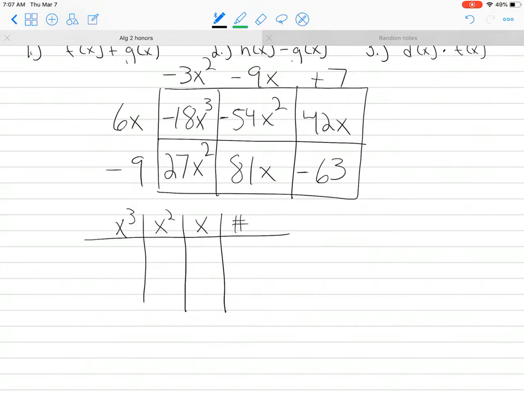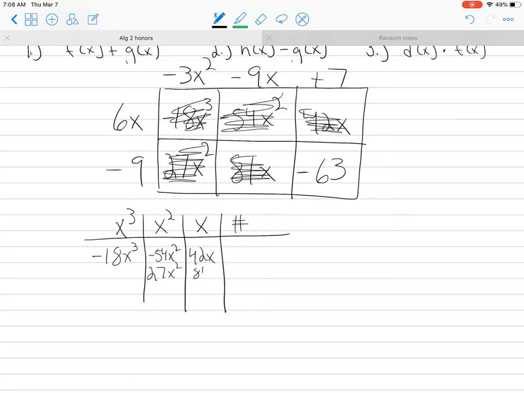A lot of this is just about being careful and organizing. This is all about details. So, negative 18x cubed, I use that. Negative 54x squared, 42x, 27x squared, 81x, and negative 63.